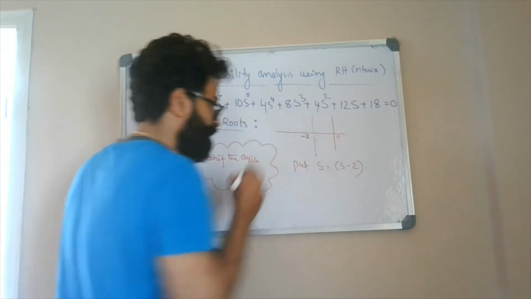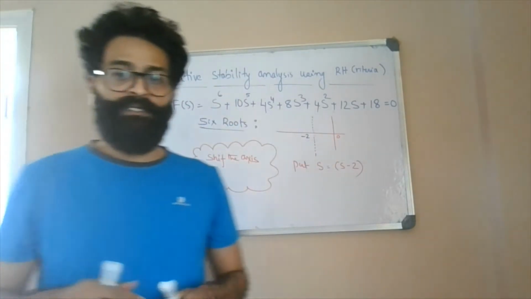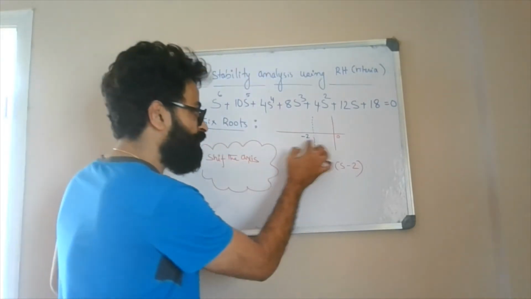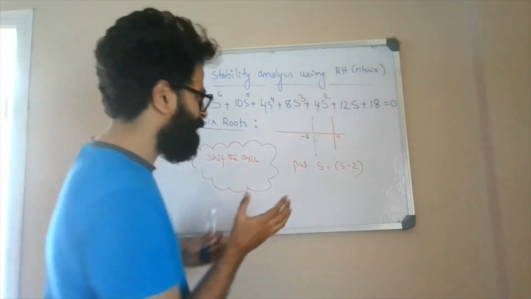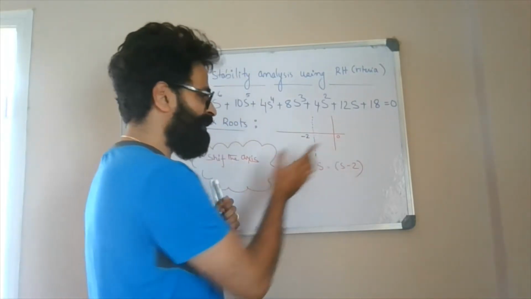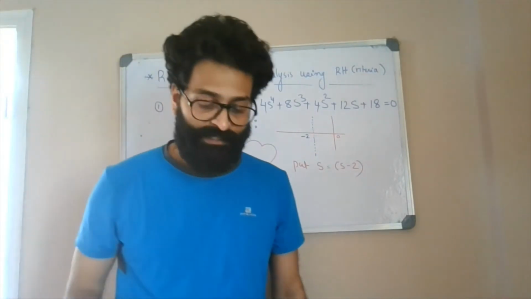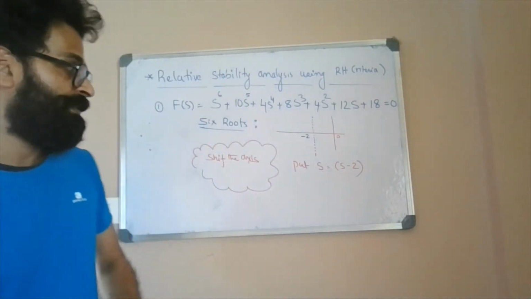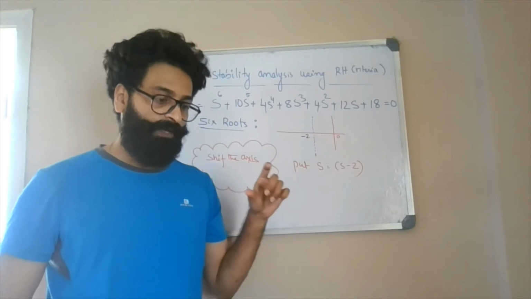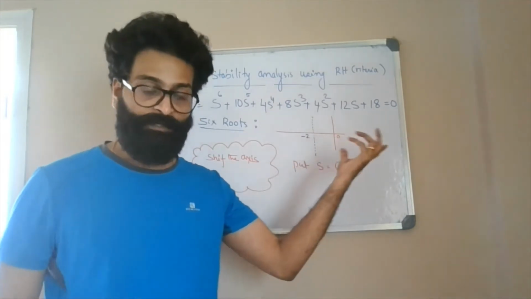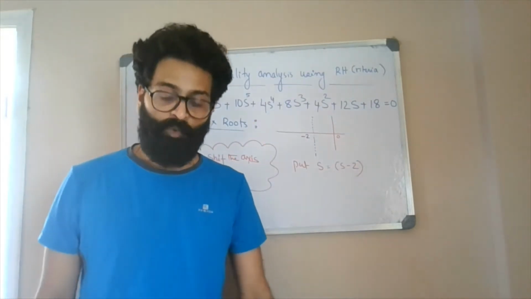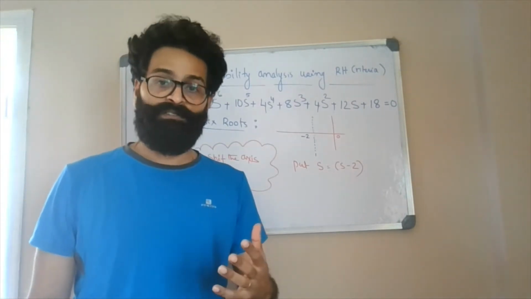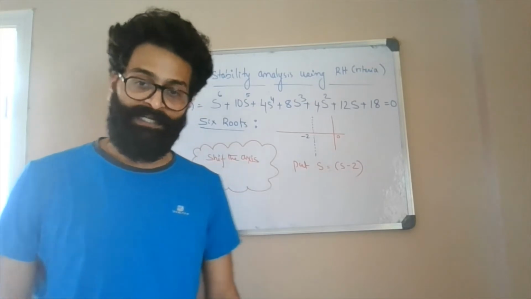So this is your -2. Why -2? I've just taken a random number. That's because -2 is very close to the origin, right? So I can say that within this region, if I find any roots, I can treat them as my dominant roots, and then I can redo my engineering so that I will try to limit the presence of dominant roots in this particular pole zero plot, because dominant roots are going to affect the transient response by increasing the settling time.